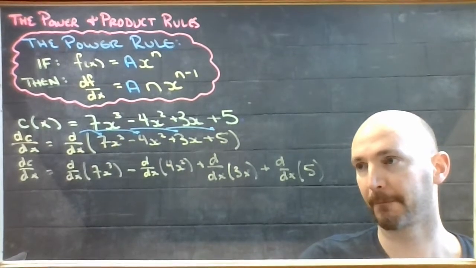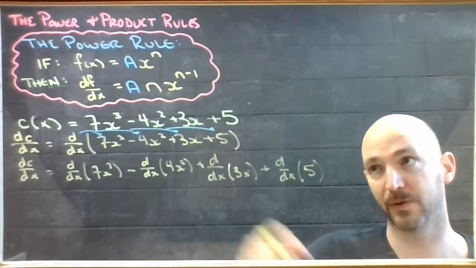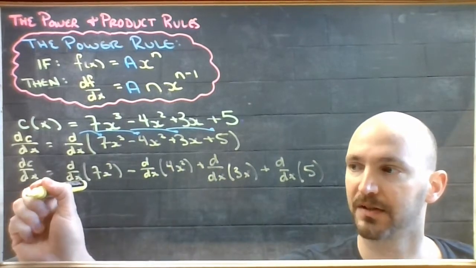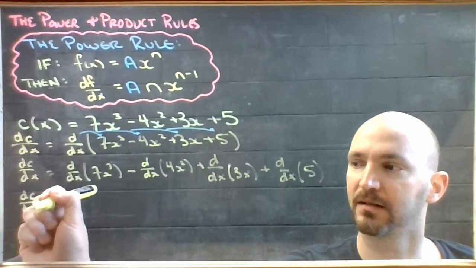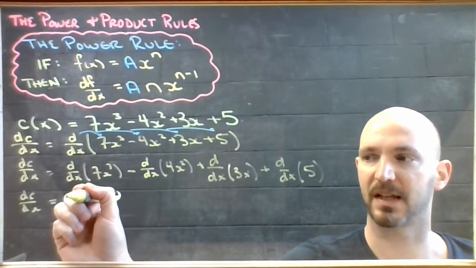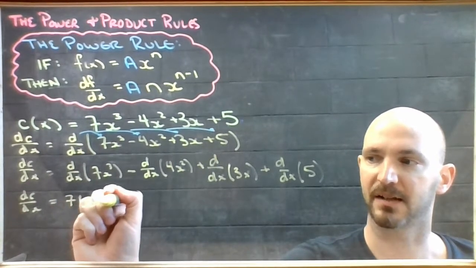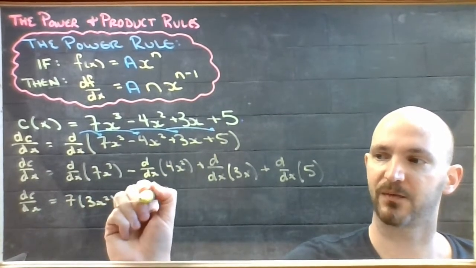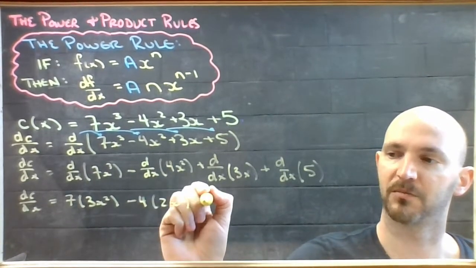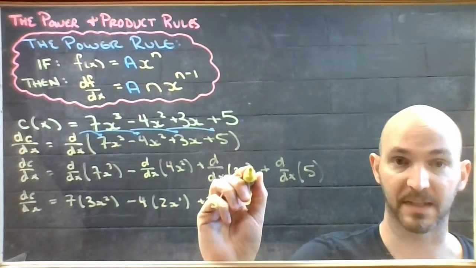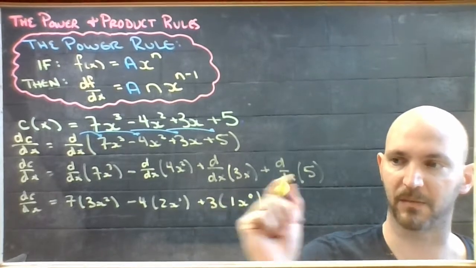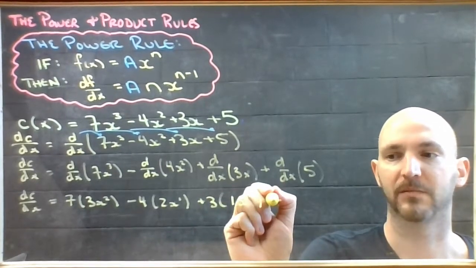Okay? So I just have to go through and apply the power rule to each of these derivatives separately, so that dc dx is going to be, drop the exponent in front, so 7 times 3x squared minus 4 times 2x to the 1 plus 3. Remember, this is an x to the 1, so 1 comes in front, reduce the exponent by 1, plus this thing.